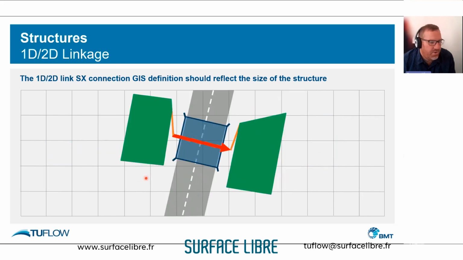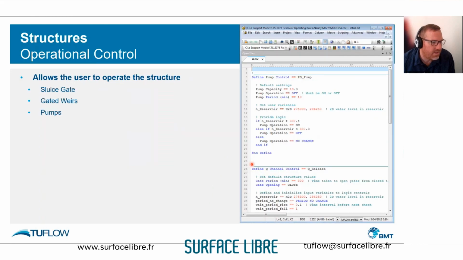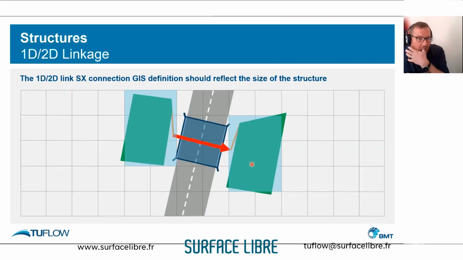We can also, if we need to, add in polygons. So we can have a polygon that defines the 2D cells that are connected to this structure. Again, we use a CN line just to connect from the polygon to the 1D network. And in this instance, our polygon is selecting all those cells to allow us to get the requisite flow into and out of our structure. So this kind of approach will also work on the lateral flux.